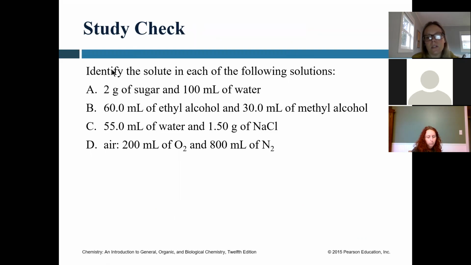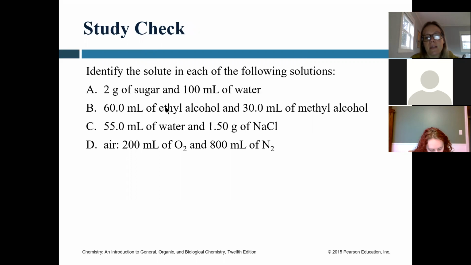So here it says, just to simply identify which one is the solute in each of these solutions. So I'm combining 2 things together and I want to know which one's the solute and which one's the solvent. So if I take 2 grams of sugar and I put it in 100 milliliters of water, the sugar is the solute, the water is going to be the solvent.